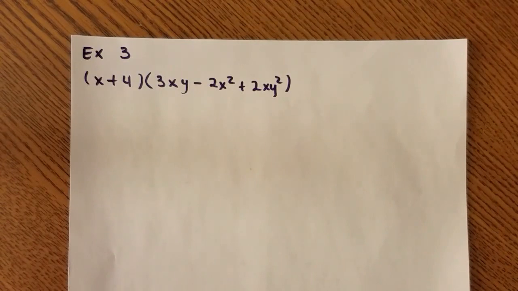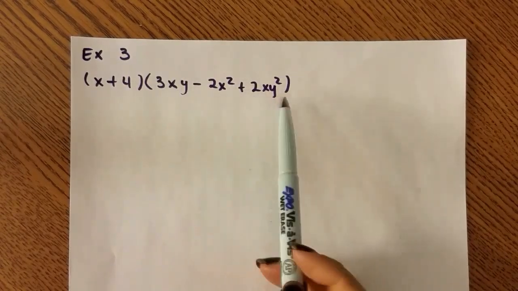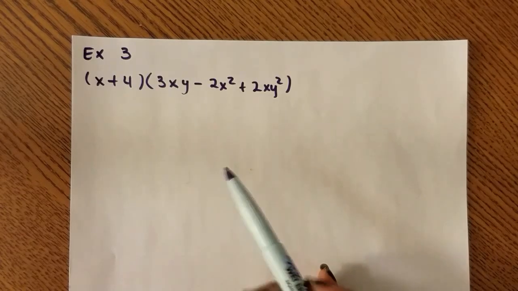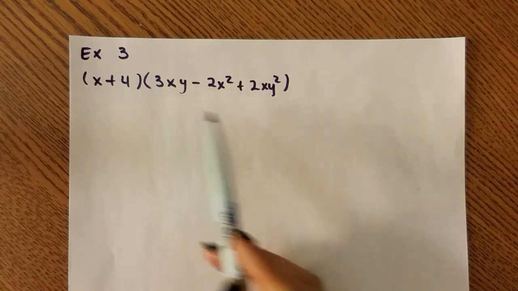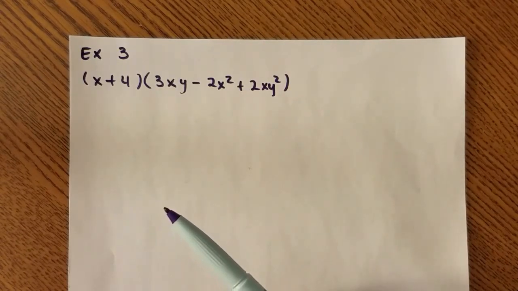So say we have something like this. Here you see two things have changed. We went from 2 binomials, so I have 2 terms here, to 3 terms here, and now I have more than one variable. Your answer will normally have as many terms as there are in the larger polynomial.